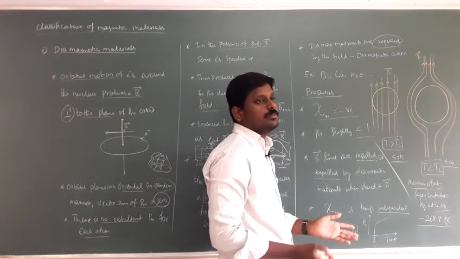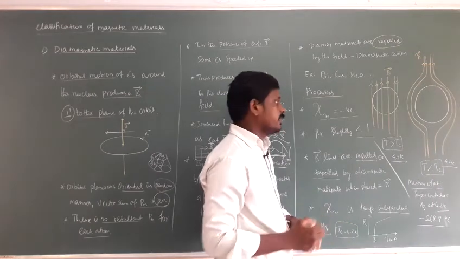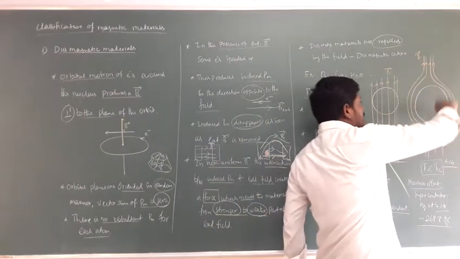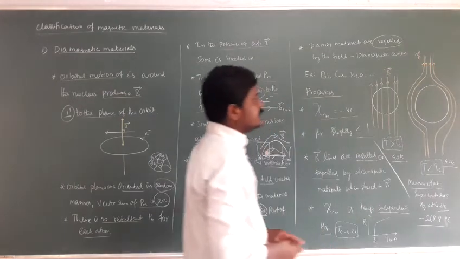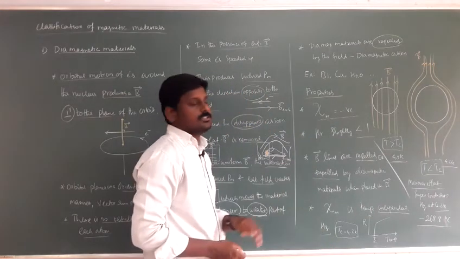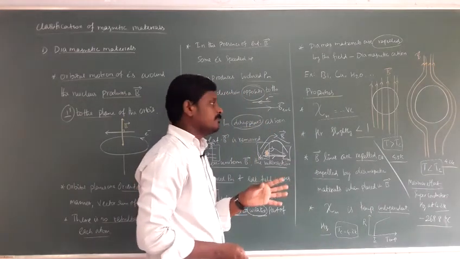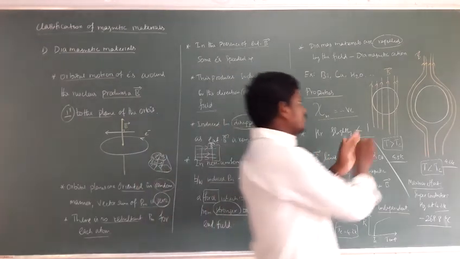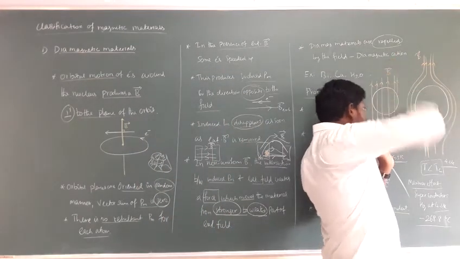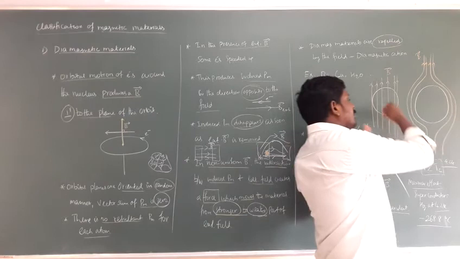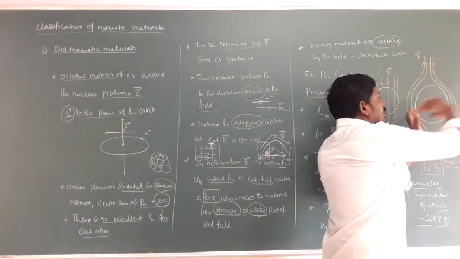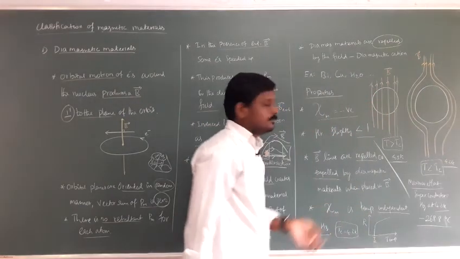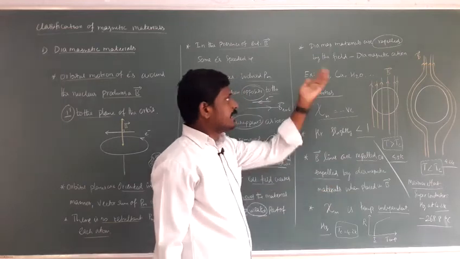Resistance 0 means the conductor becomes a superconductor, and the magnetic field is excluded. The same effect is shown by diamagnetic materials. If placed in a uniform magnetic field, the magnetic field lines are excluded or repelled instead of going into the material. This action is called diamagnetic action.